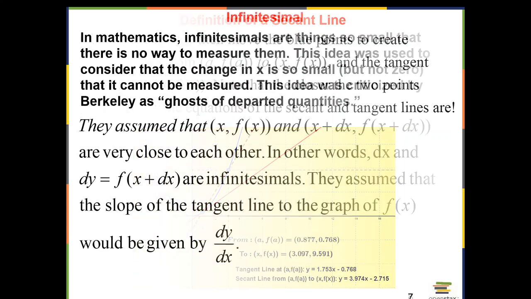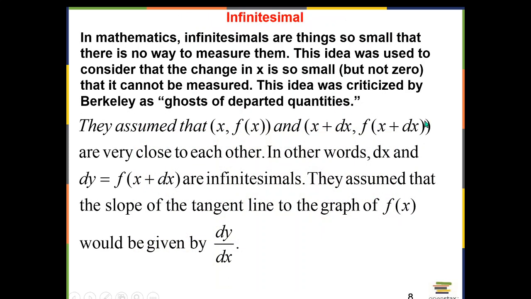So here's the idea. And this idea was controversial because, you see, we said that we want to get closer and closer to this point, right? So here's the point, here's another point. And what we want to do is move this closer and closer to this point. But how close? Because we can't be exactly this point, because that would make the denominator go to 0, right?